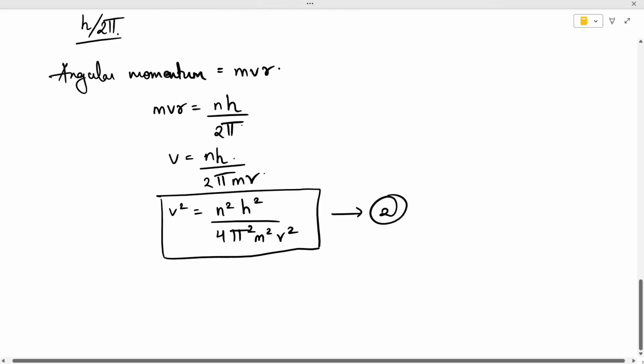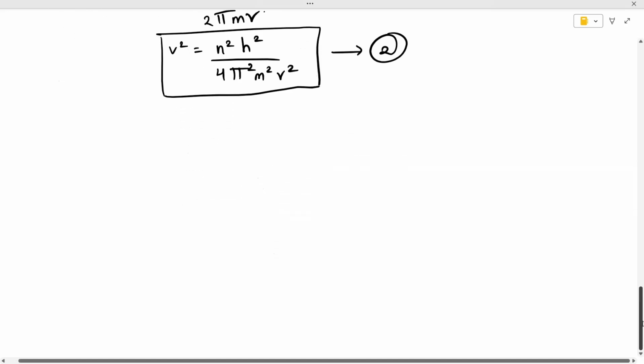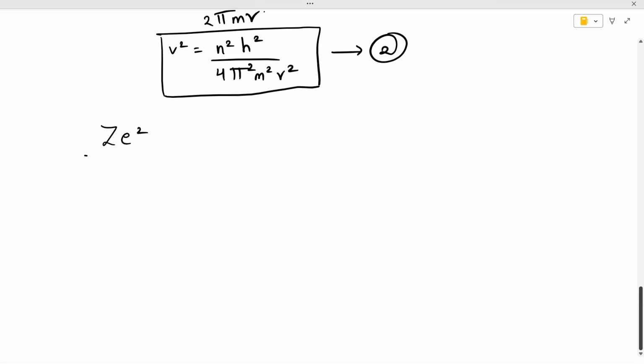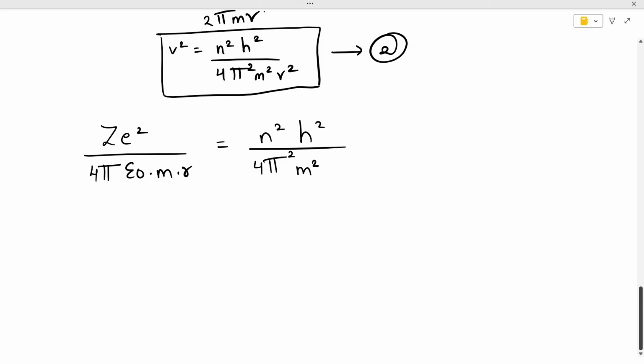Now we can compare these and solve. According to the first equation, we got Z times e square upon 4 pi epsilon naught m into r. And according to the second one, we got n square into h square upon 4 pi square m square r square. Now, if we want to solve this, 4 and 4 get cancelled, pi and pi get cancelled.